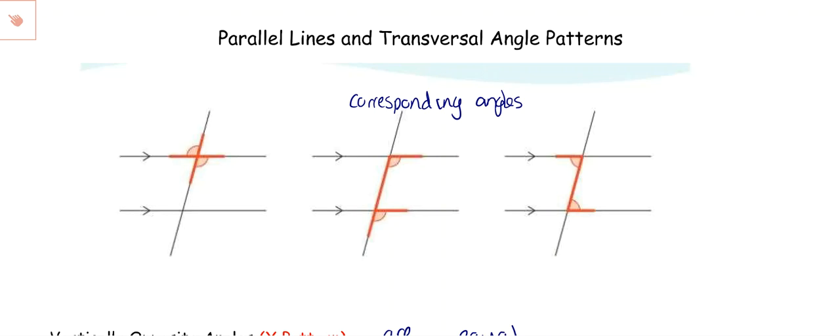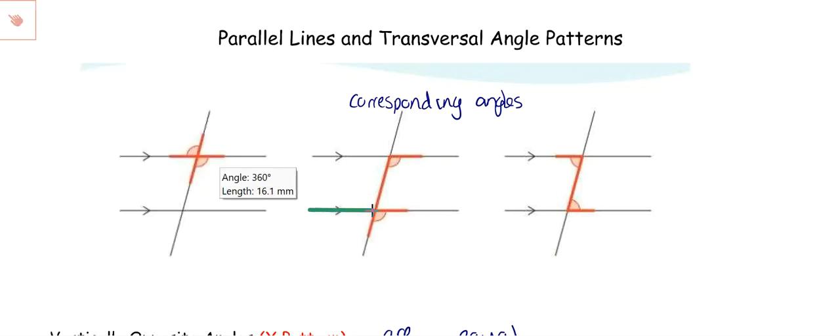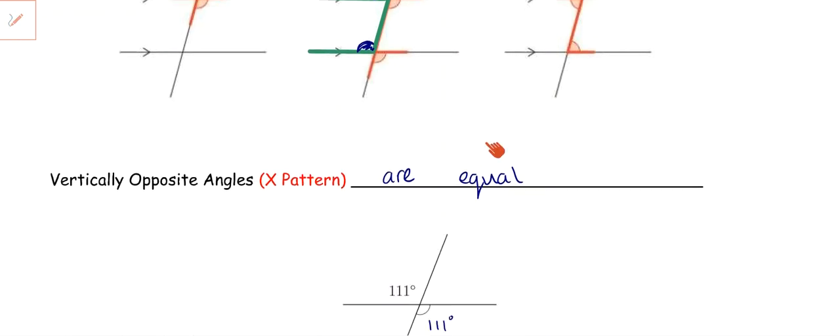So, for instance, if I were to do it like here, so here, here, and here, can you see that's an upside down backwards F? Well, this angle would be corresponding to this one.